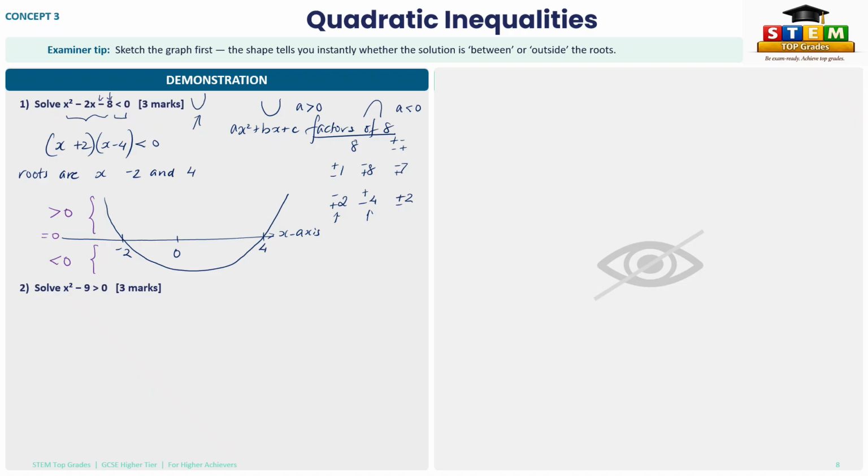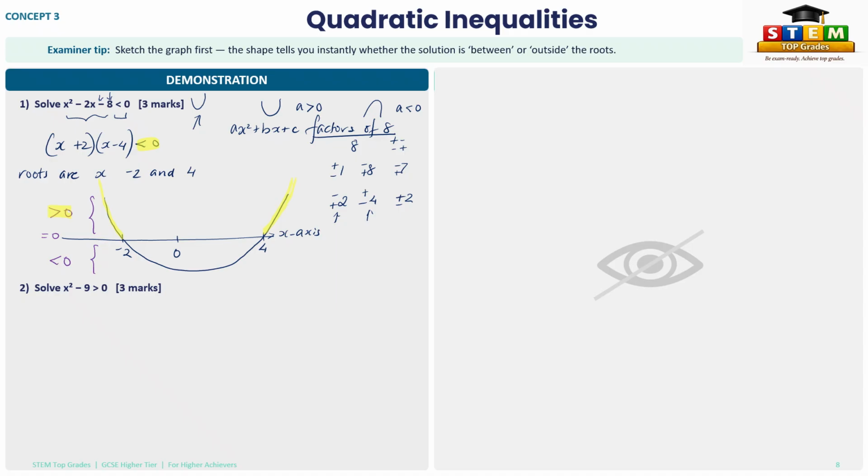So what are we looking for in our case? What we're looking for is the positive side, and therefore the part of the curve that we are interested in is the top part.